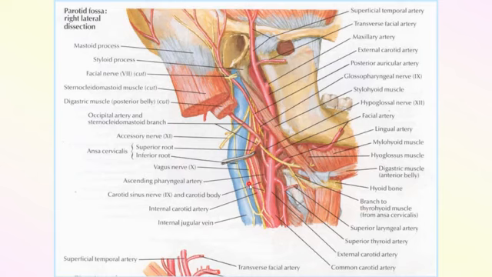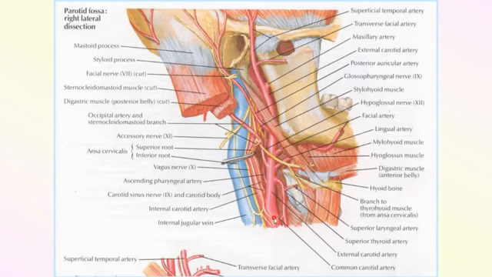So as these structures are traveling within the carotid sheath, this internal jugular vein would be lateral to the common carotid artery. So that's why it's having to be pulled back. And then the vagus nerve is going to be lying in between these two, but posterior to the common carotid artery and internal jugular vein.